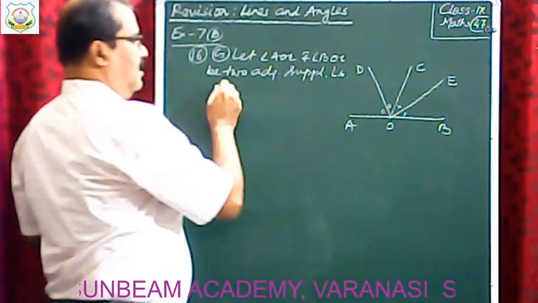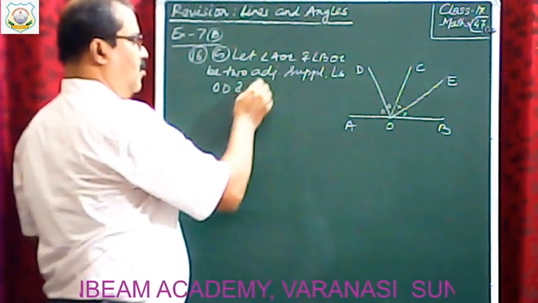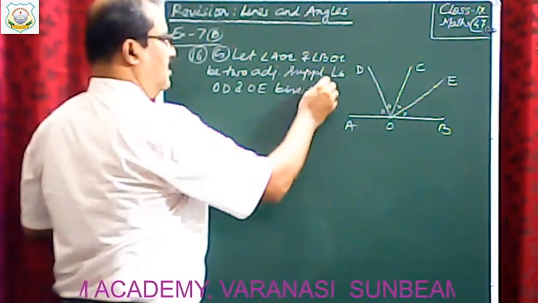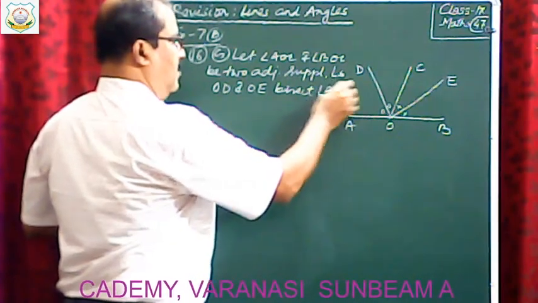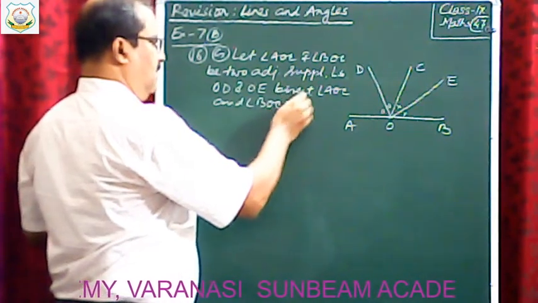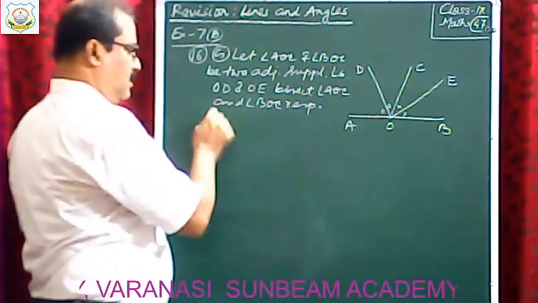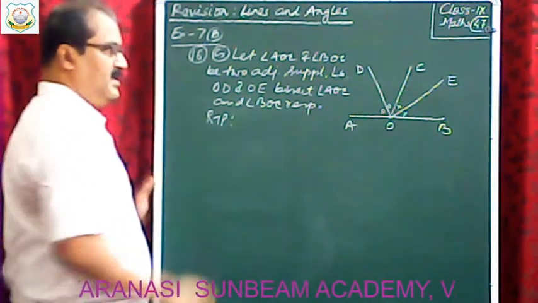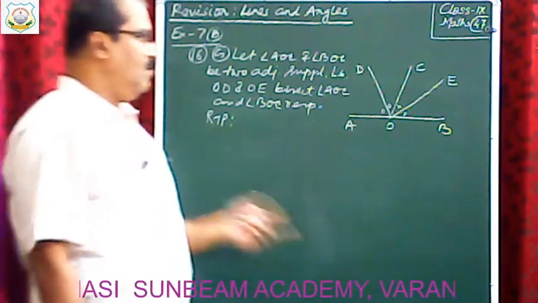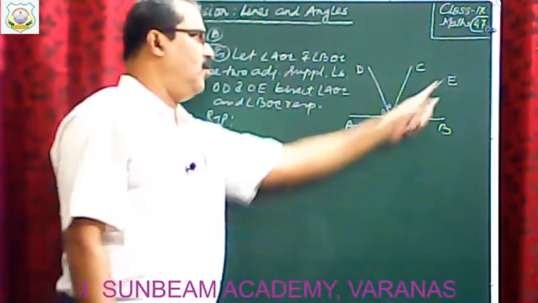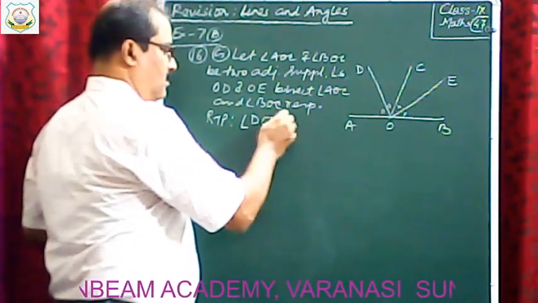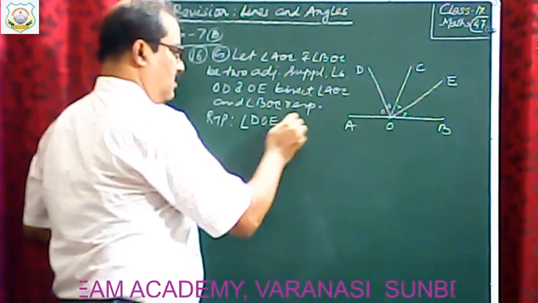OD and OE bisect angle AOC and angle BOC respectively. Then what you have to prove? The bisectors of adjacent supplementary angles include a right angle, meaning angle DOE is 90 degrees.